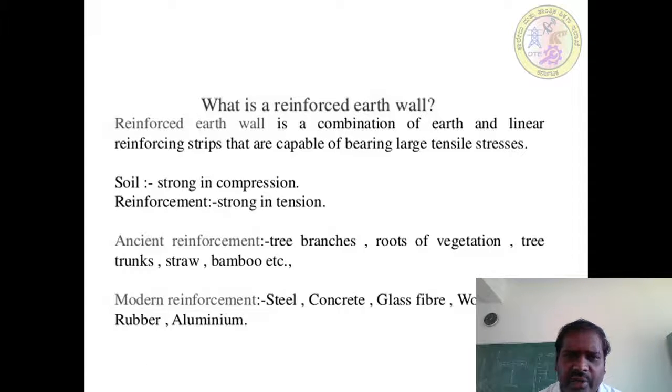Because, as we have already discussed, the soil is strong in compression but the reinforcement is strong in tension. So we require the combination in compression as well as in tension.